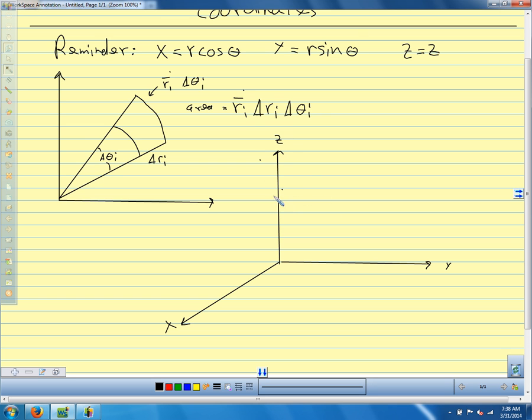So we're coming out from the pole here, and we get this nice portion of a wedge-shaped solid.